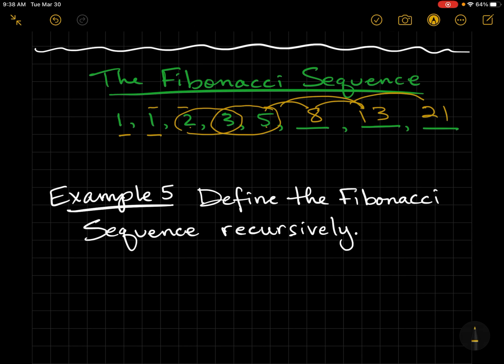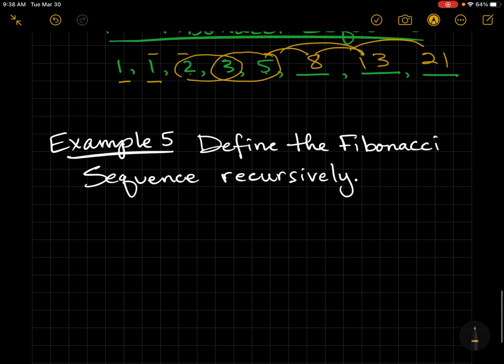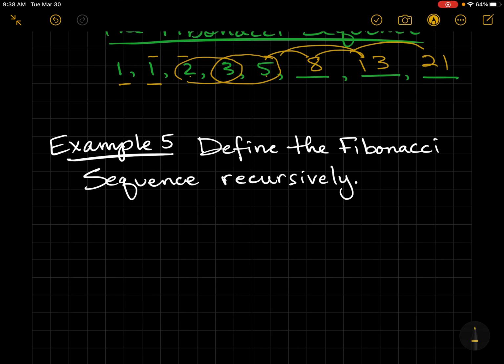But now I'm asking you to define the Fibonacci sequence recursively. Whenever something says add the previous 2 terms, you have to give the first 2 terms just to get started. So I'm going to say a1 is 1 and a sub 2 is also 1.